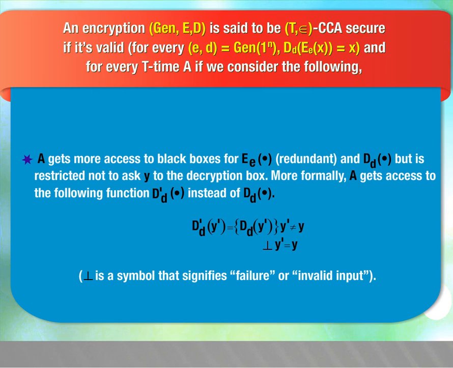More formally, A gets access to the function D'(.) instead of D(.), where D'(y') = D(y') if y' is not equal to y, and D'(y') = ⊥ if y' is equal to y. The symbol ⊥ signifies failure or invalid input.